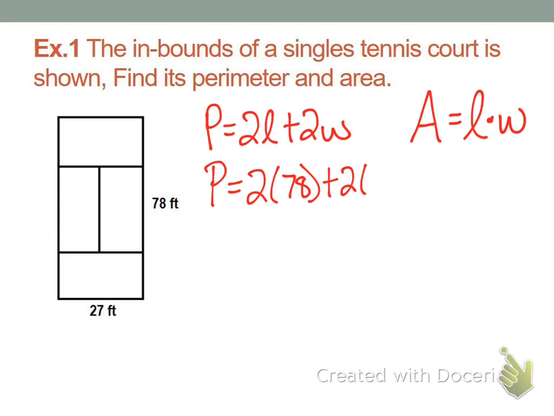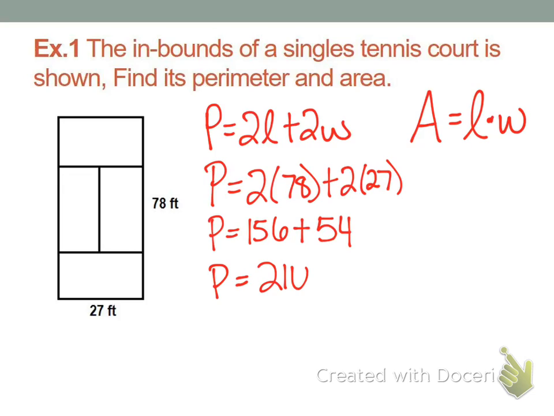That means our width would have been 27. 2 times 78. Good. 2 times 27. And then we add them. We get 210. My units? Feet. Make sure you're putting units if units are given to you.